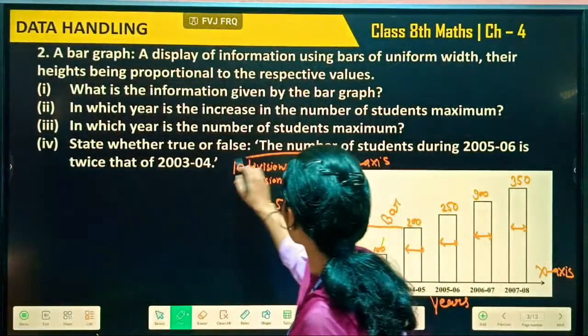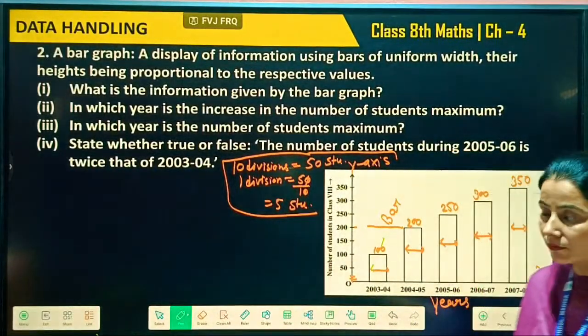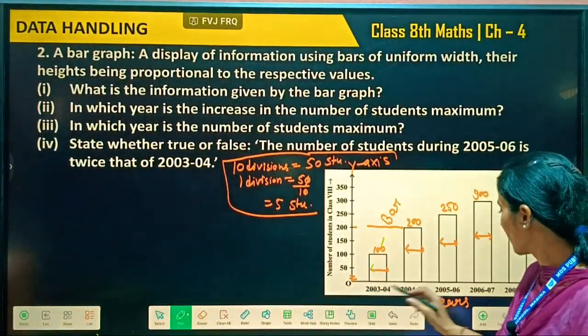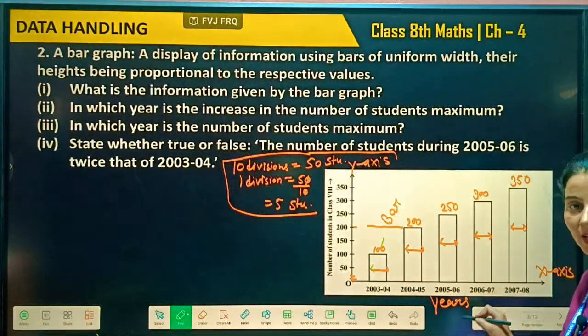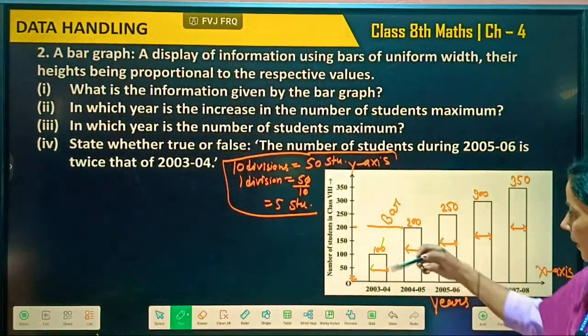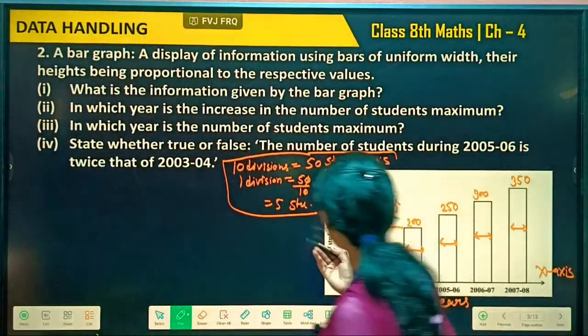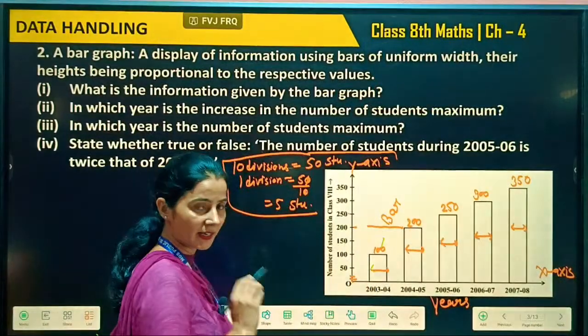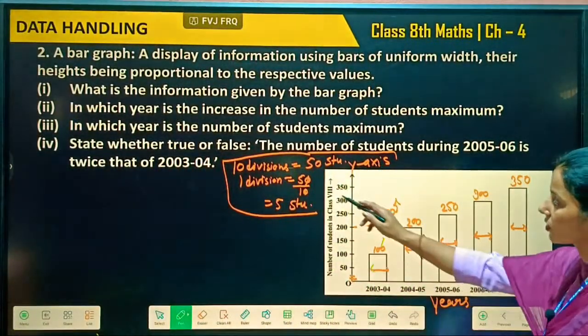So this scale is mandatory to define while we are drawing a bar graph. And then we need to keep in mind, independent information we are going to take on x-axis, and dependent information we have to take on y-axis. Let us see how it is independent and how it is dependent.